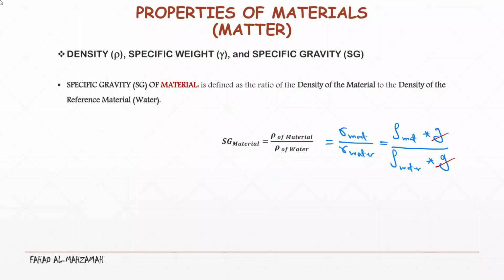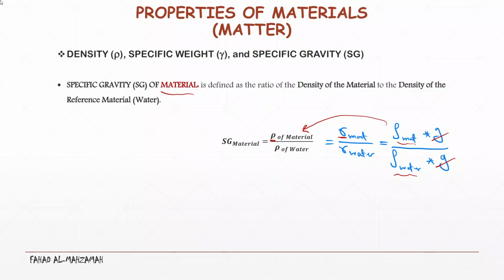The g values are the same, so we can cancel them and you will have the same main formula. So whatever you use, either rho or gamma, you will get the same answer. Now this is for material.